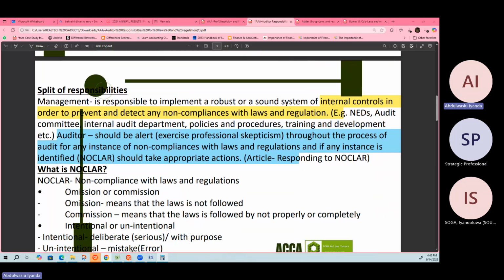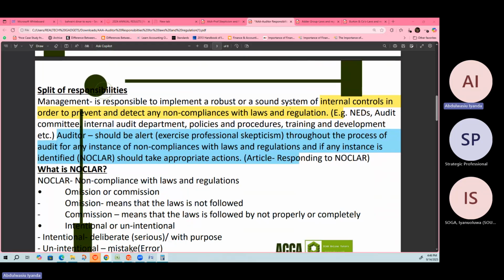It's not just about setting it up. It must be effective. When it comes to laws and regulation, it is the management's responsibility to make sure that our organization is complying with all relevant laws and regulations.